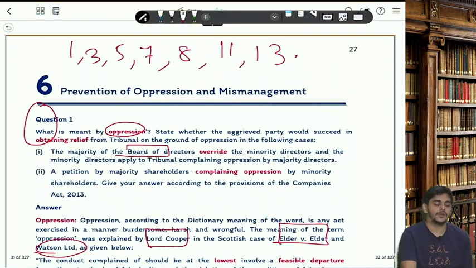These are the questions that you have to do while you are revising very quickly.